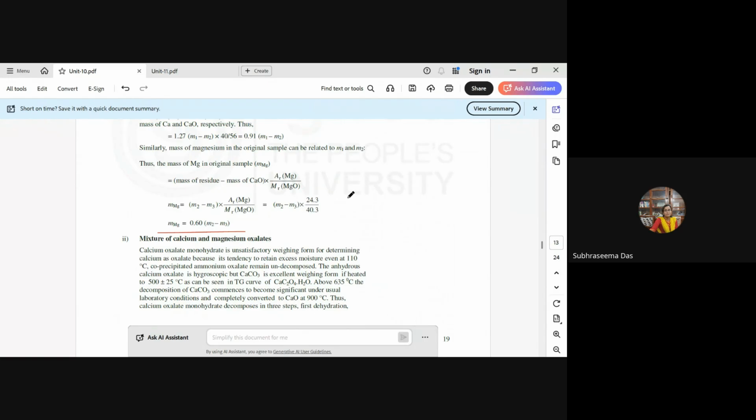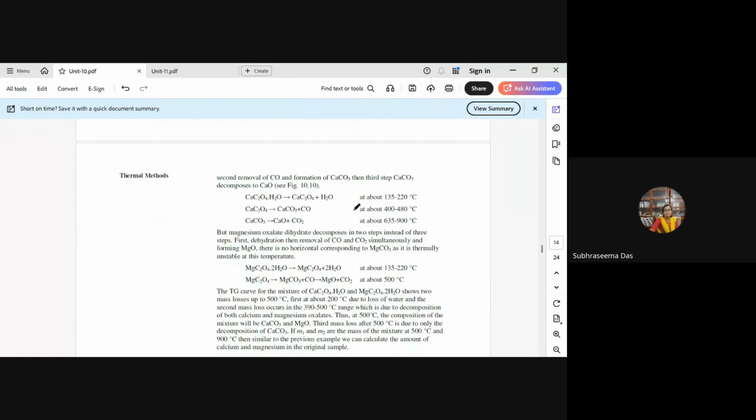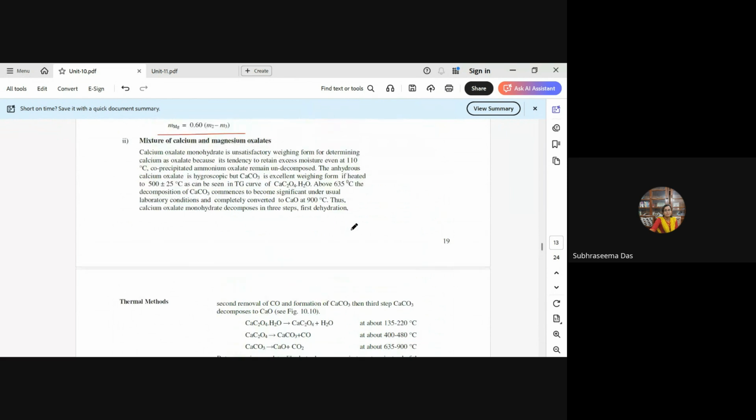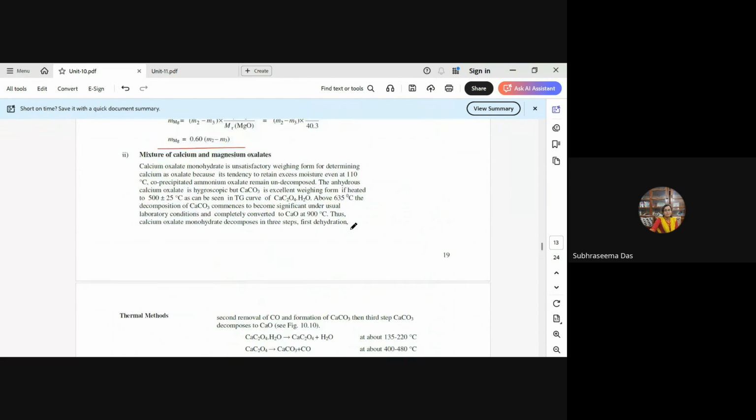Then we will analyze the mixture of calcium and magnesium oxalate. The DTG and TG curve for calcium oxalate has been shown in figure 10.10. Calcium oxalate monohydrate is an unsatisfactory form for determining calcium, because of its tendency to retain excess moisture even at 110 degrees centigrade.